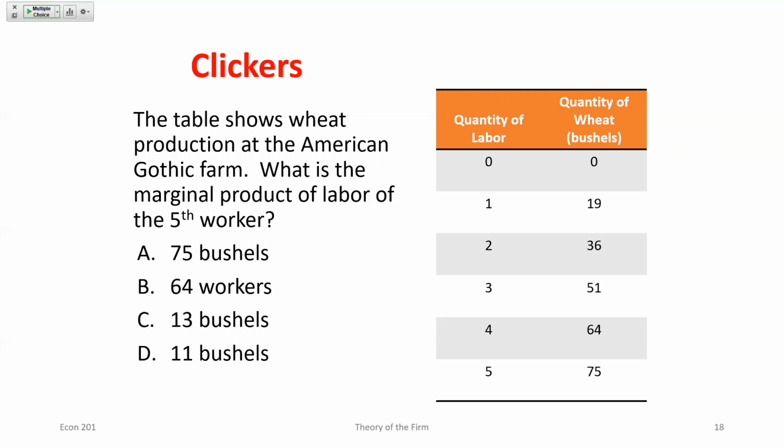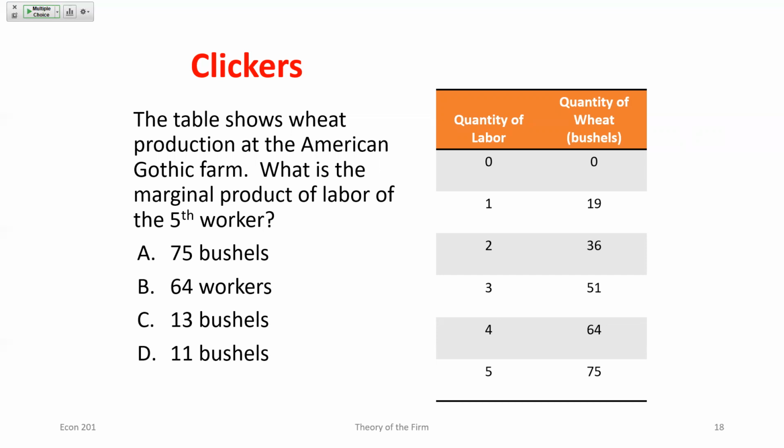The marginal product is just the change in output from that increase in labor. Being that fifth worker, I'm increasing labor from 4 to 5. If I'm hiring a fifth worker, I'm going from 4 units of labor, 4 workers, to 5. That makes it easier: my change in the number of workers is just 1.